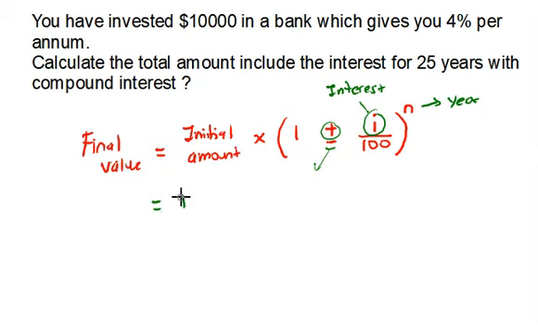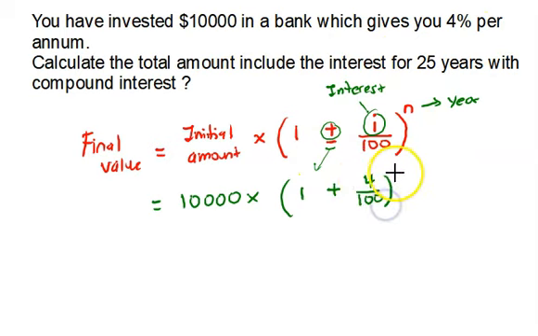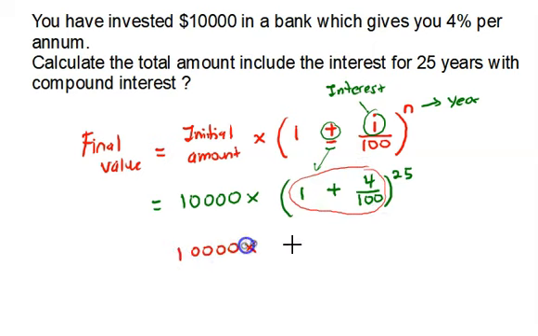So now we have 10,000 multiplied by 1 plus, we are going to use plus over here because this is an investment. So it's 4 over 100 and power of 25. I like to simplify inside the bracket here. 4 over 100, you'll be getting about 0.04.